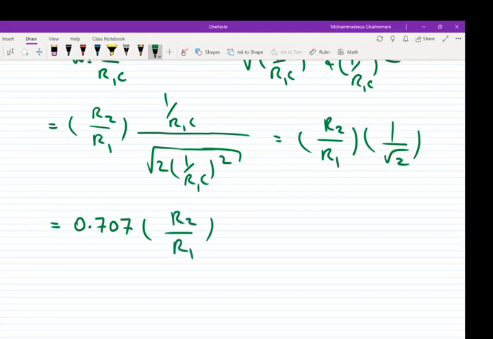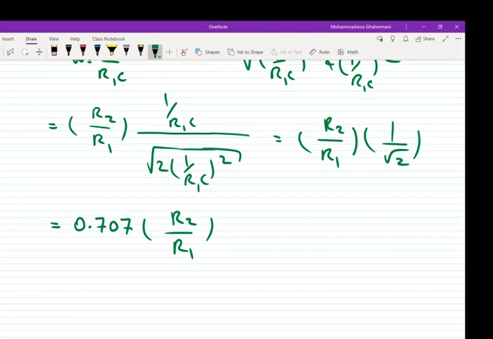So at the frequency of 1 over R1C, we saw that the gain is 0.707 times the maximum value.